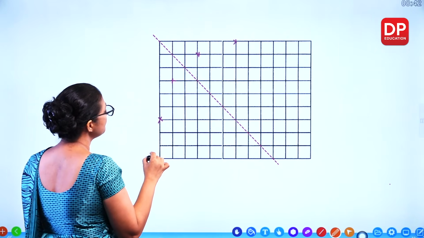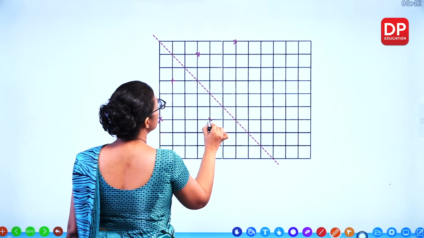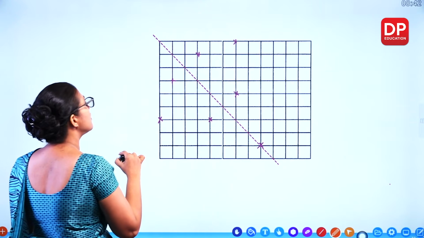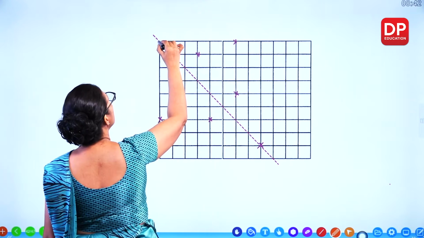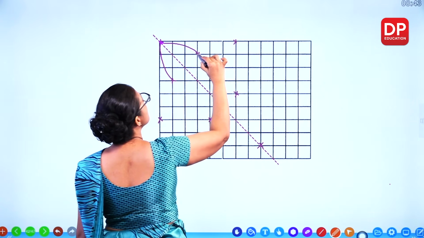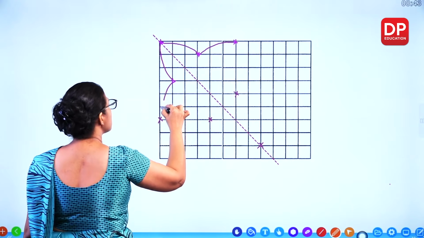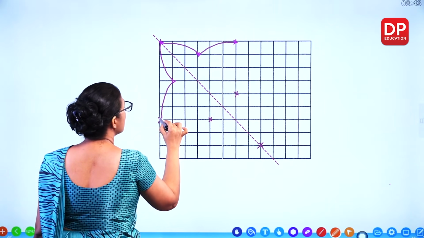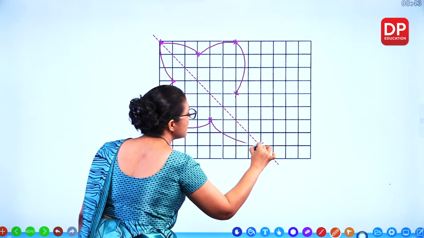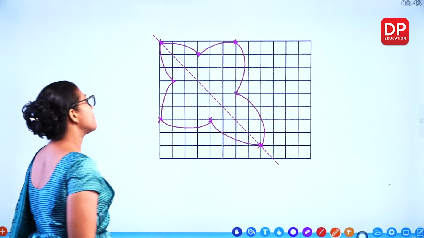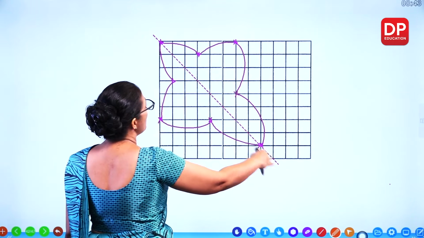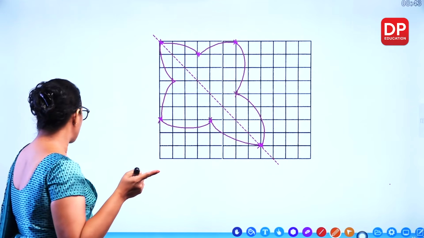And then I'll mark these 2 points and this one and here. So I can connect like this. We'll try to draw a leaf or something. So I can draw like this and then here something like this. So this is a figure with one line of symmetry.